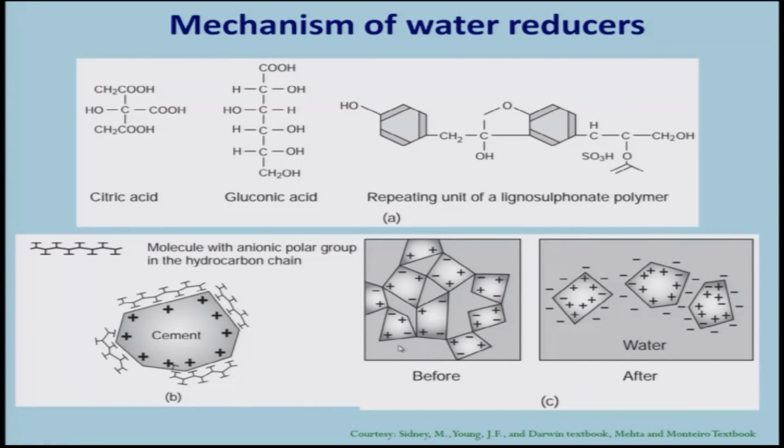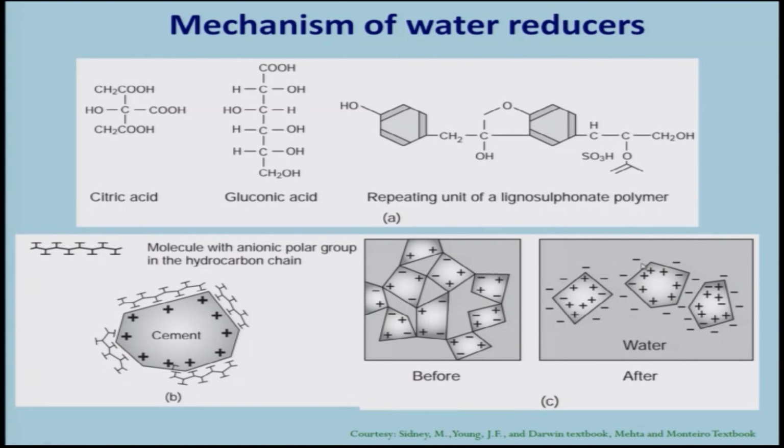And what happens is, before water reducers are added, what you will see is that the cement grains are approximately very close to each other and they are not dispersed. So the moment you add water reducers, the negative charges get attracted because of the positive charges of the cement grains and they lubricate or they occupy the surface of the cement grains.